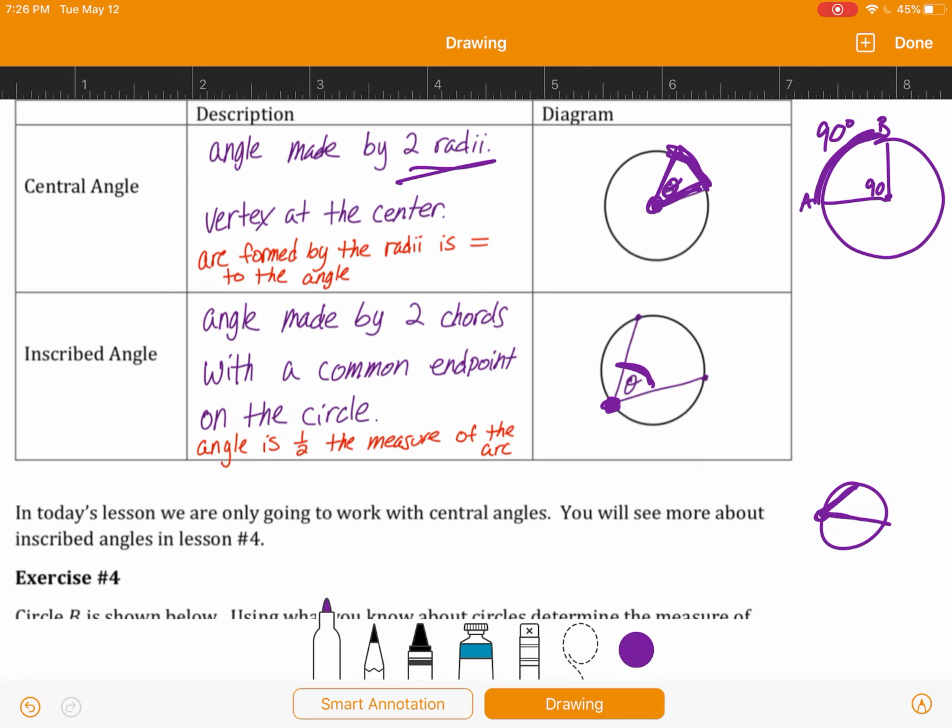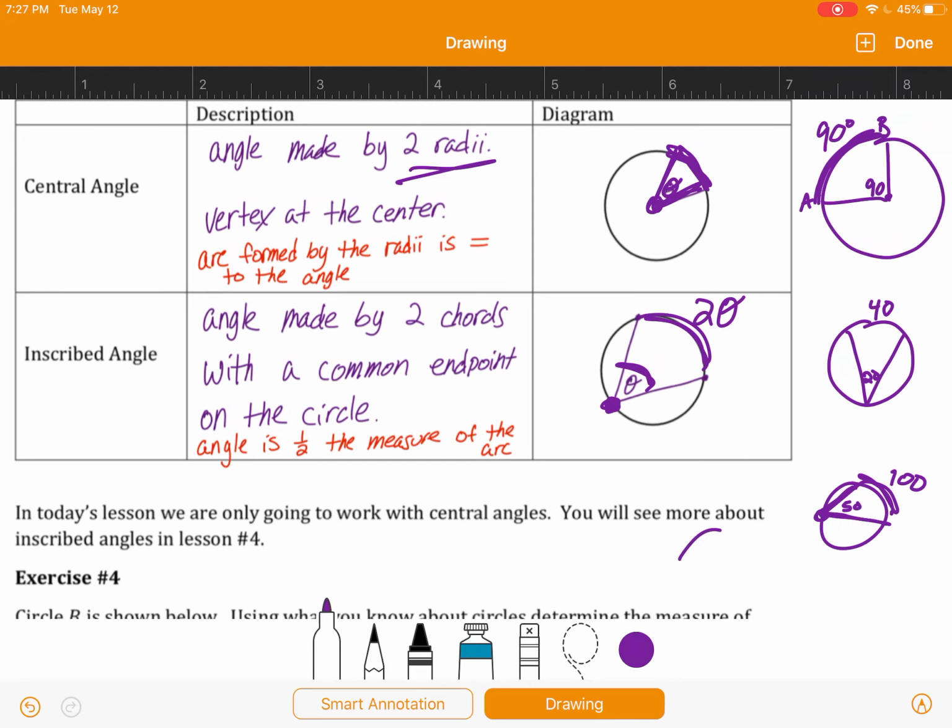The angle that we've got here is going to be half of the arc. So the arc is 2 times theta. So for example, if this was 50 inside the inscribed angle, then the arc is going to be 100. Another example of that is if you had, say you had 20 here, then this is 40.